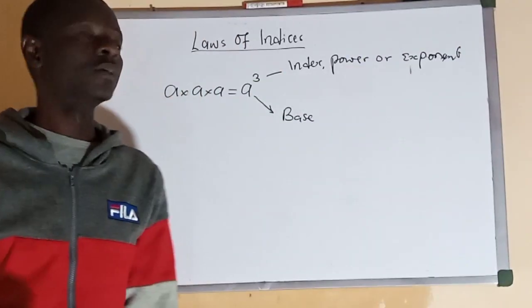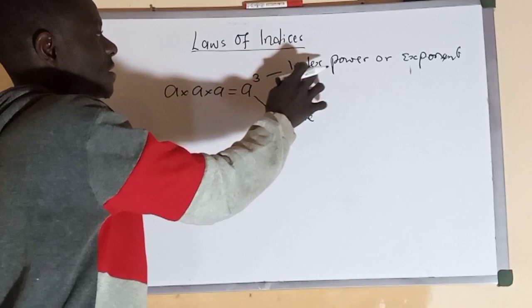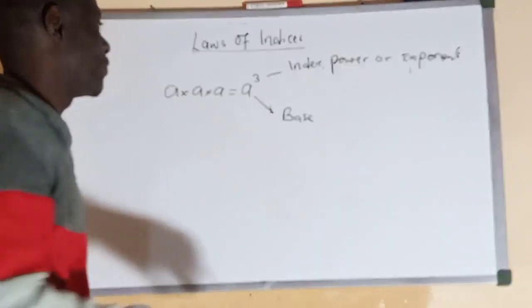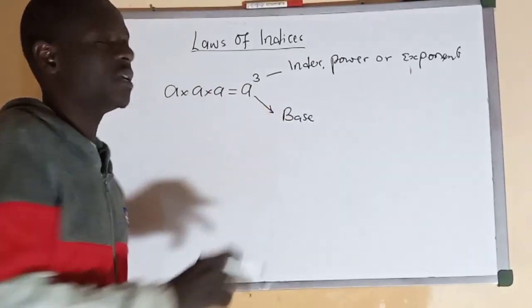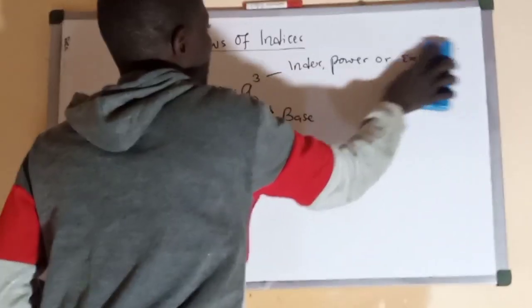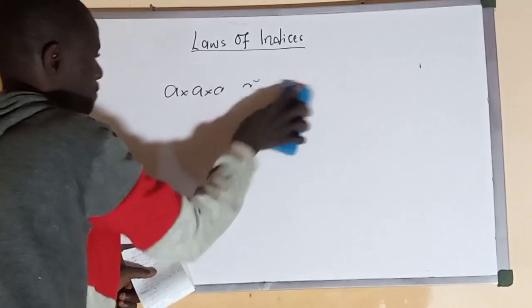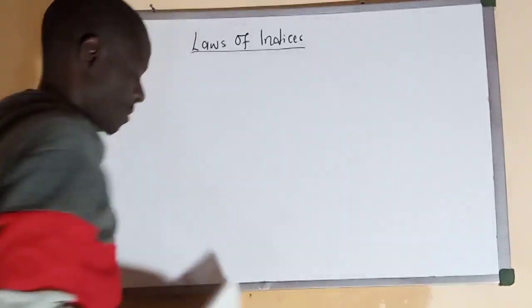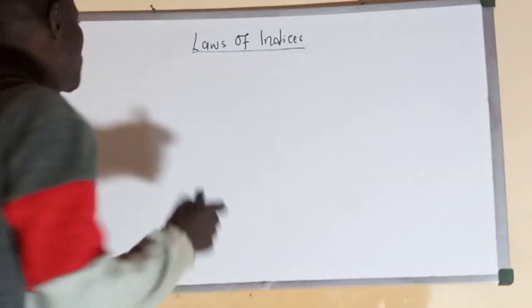I hope you are following. So we call this number the index power or exponent, where this a is called the base number. There are many laws of indices. We have number one, which is the multiplication law.